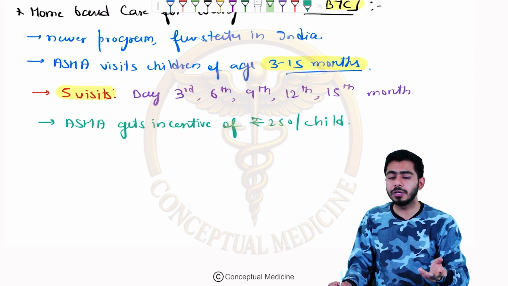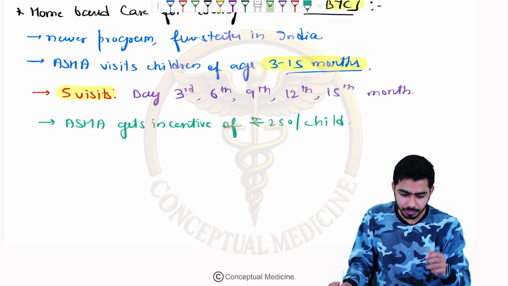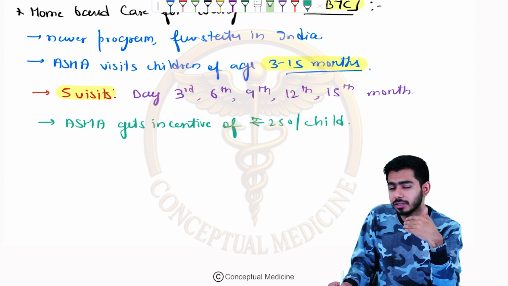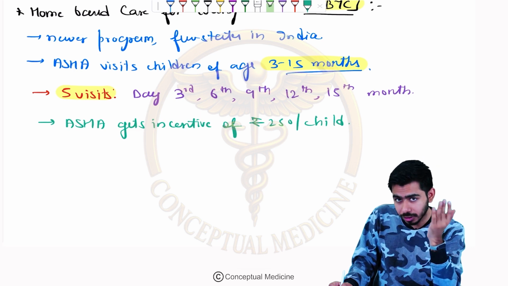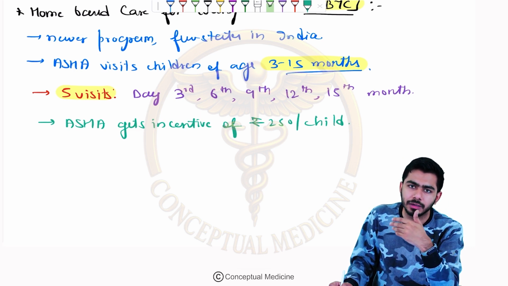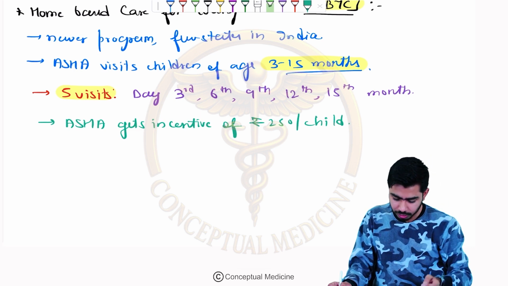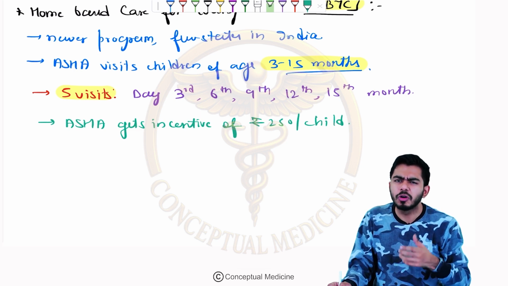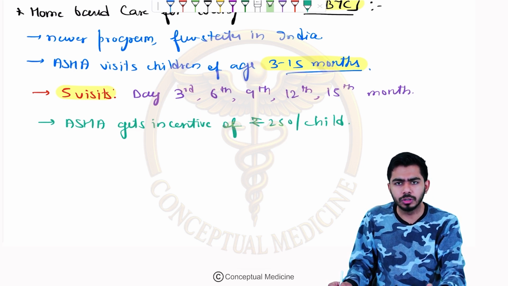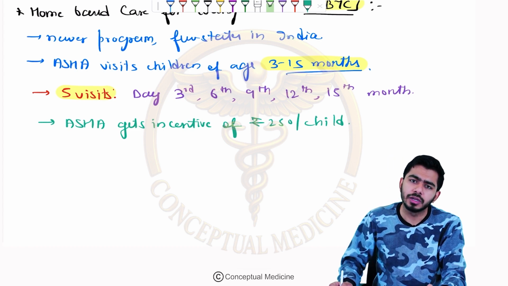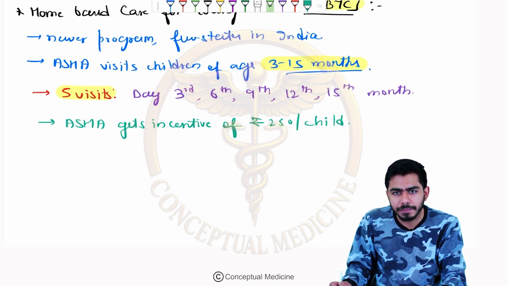And obviously by the Janani Suraksha Yojana, she might be getting the incentive if she is actually promoting institutional deliveries. So that's how the government is also motivating the ASHA workers to work on their toes and provide better healthcare, right?